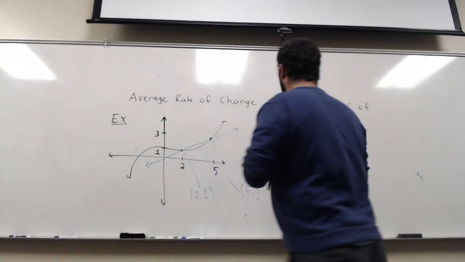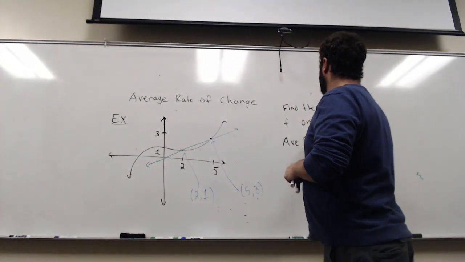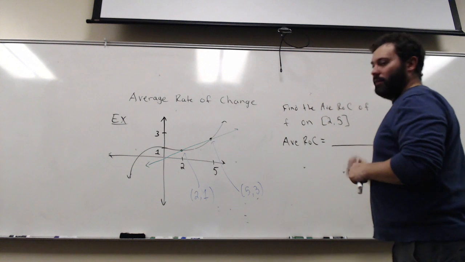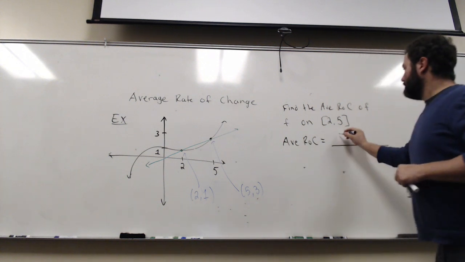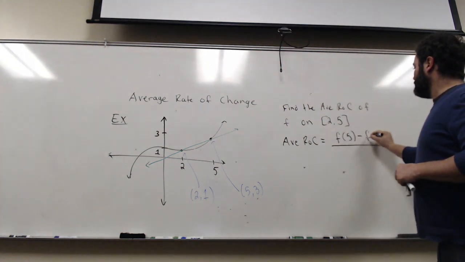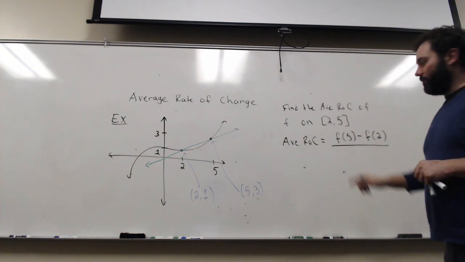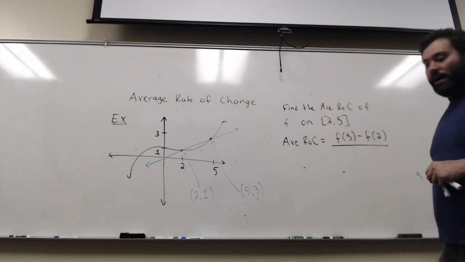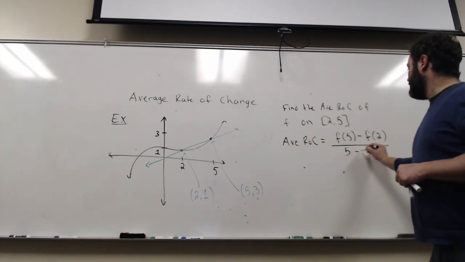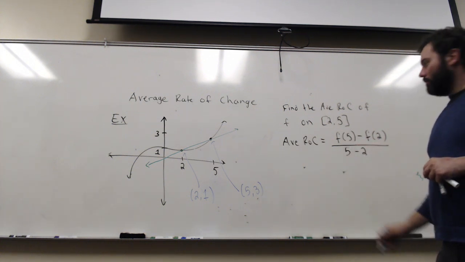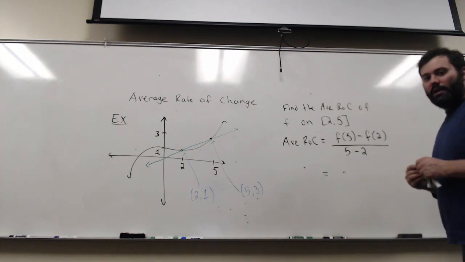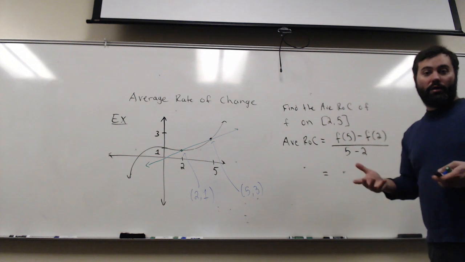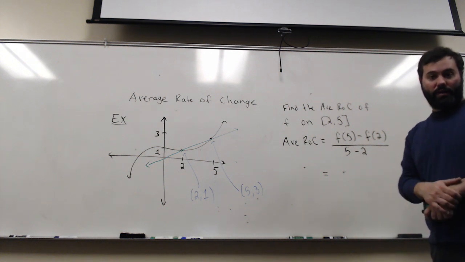So now the average rate of change is going to equal, first I'll write it down in terms of function notation, f of 5 minus f of 2, the difference in outputs between x equals 2 and x equals 5. And in the denominator you should have 5 minus 2. Now, f of 5 and f of 2 are just the y coordinates that correspond to x equals 5 and 2.